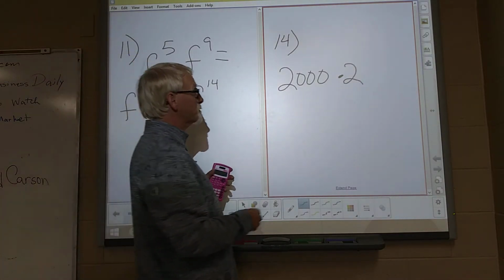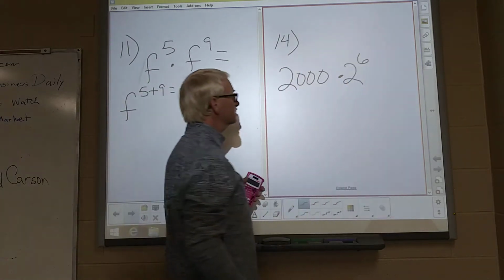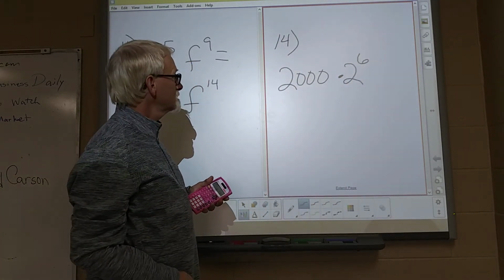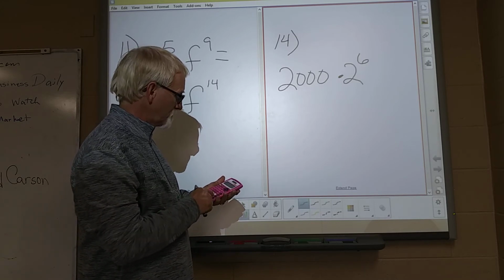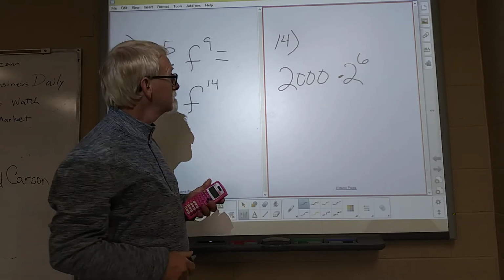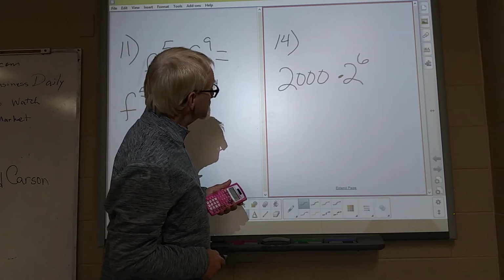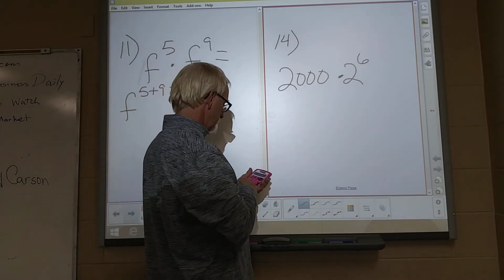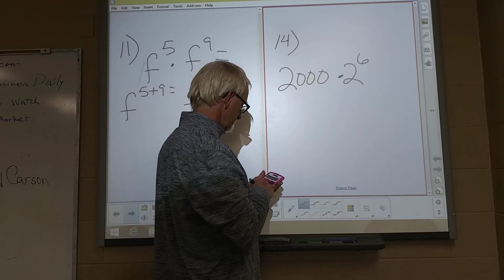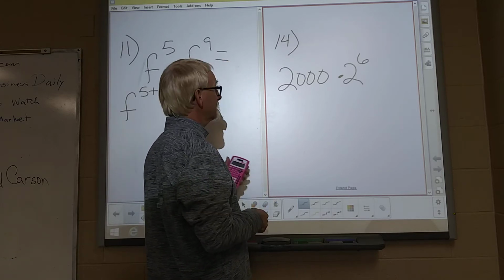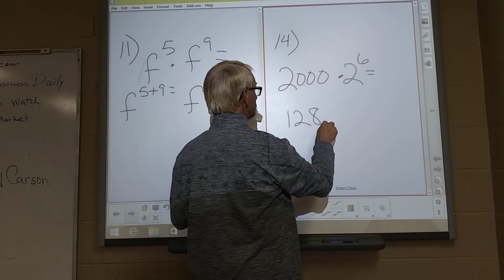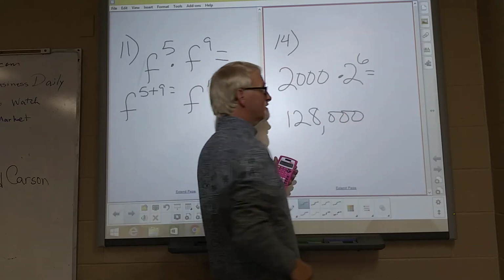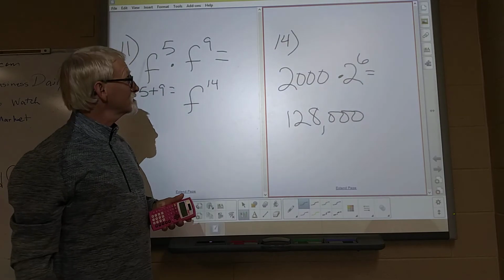That's 2 to the 6th power. 2 raised to the 6th power is 64. So 2,000 times 64 is equal to 128,000, just in 3 hours. And now you see why we have to be careful with our coronavirus.